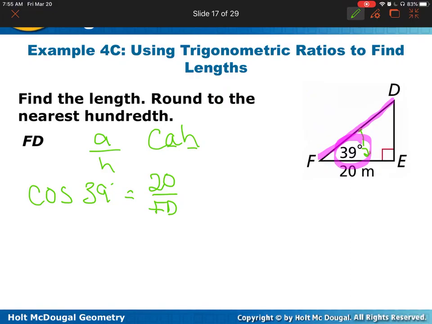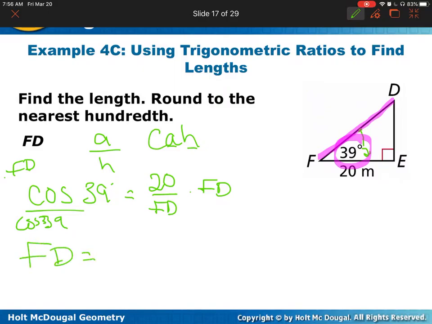Then this is the one where we need to do some flipping around again. And I know you guys are very smart, big brain, as you like to say. So you would know that if we multiply both sides by FD and then we divide by the cosine of 39 degrees, we basically are just swapping those two.